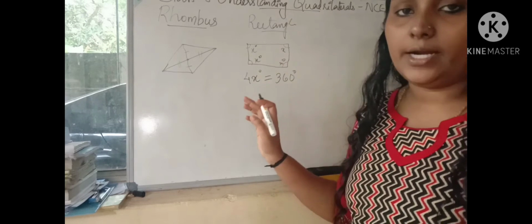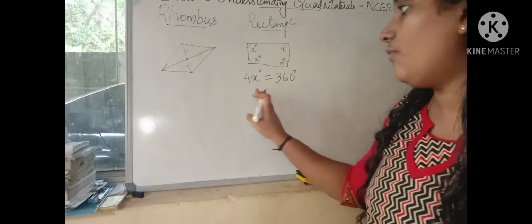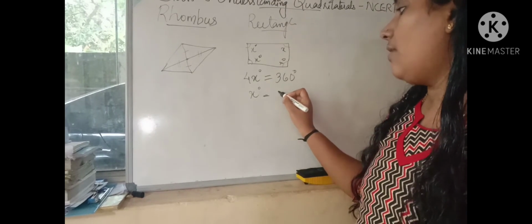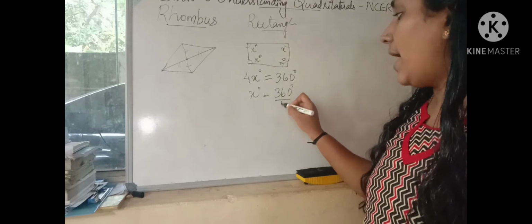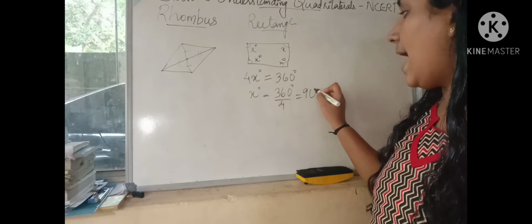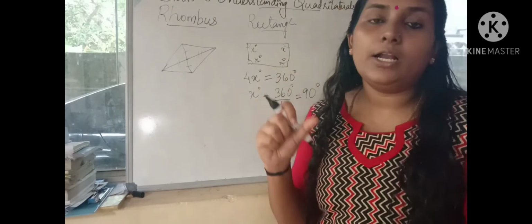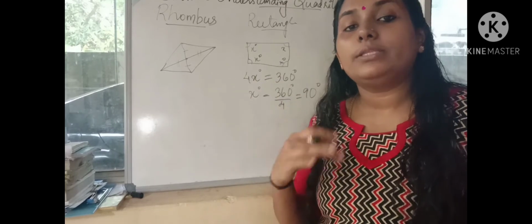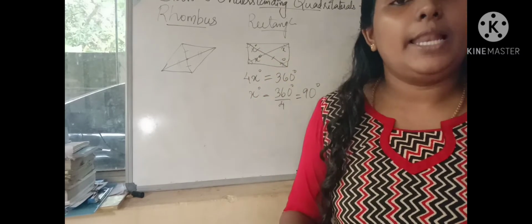It is a quadrilateral, so we know that the sum of the interior angles is 360 degrees. From 4x equal to 360 degrees, we find x as 360 divided by 4, and we get the answer as 90 degrees. So one angle of the rectangle is 90 degrees. That means it is equiangular, and we get diagonals of the same length.